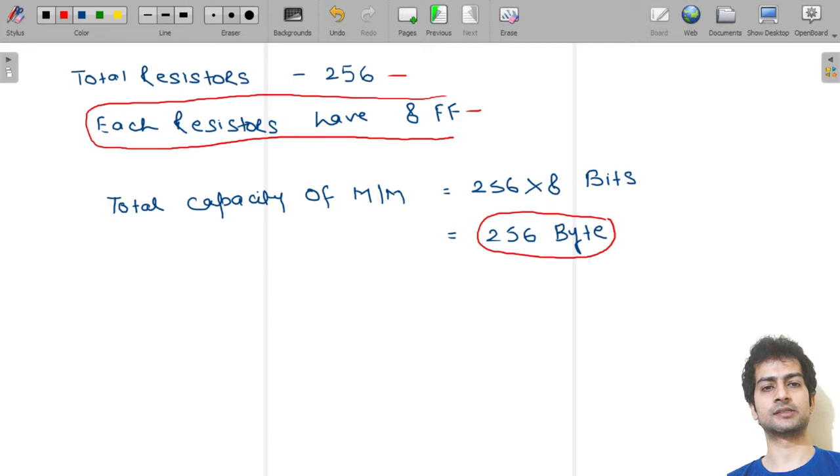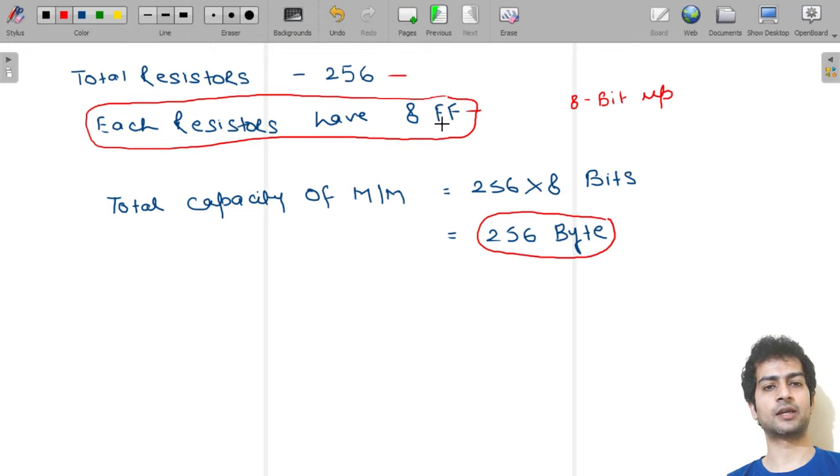We don't increase or decrease the number of flip-flops in a register, because we know that 8085 is an 8-bit microprocessor. So we generally keep 8 flip-flops in one register.